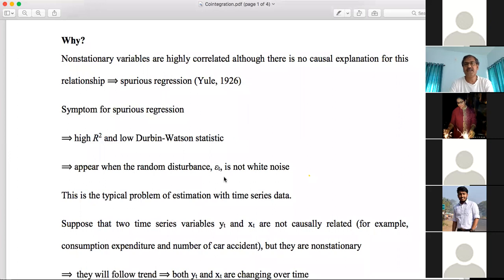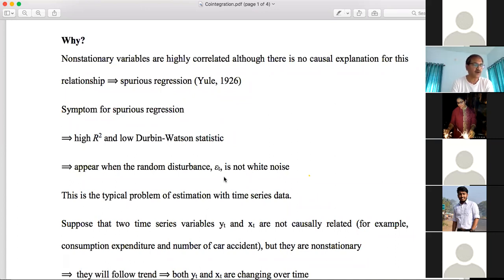Think about the basic structure of a simple linear regression model: Yt equals beta naught plus beta 1 Xt plus epsilon t, where epsilon t is a random error. And we assume in all cases that the expected value of epsilon t equals 0, the variance of epsilon t is a constant sigma square, and the covariance of epsilon t and epsilon t minus k is 0.